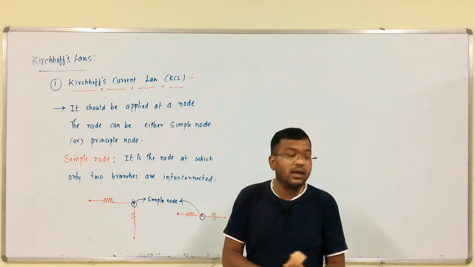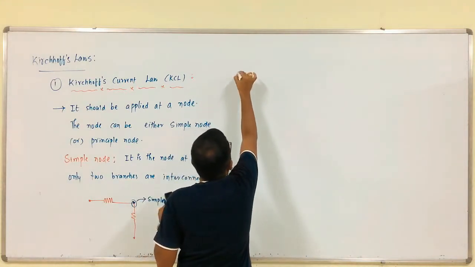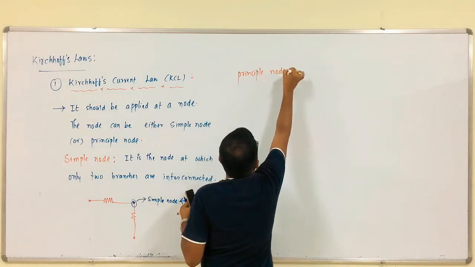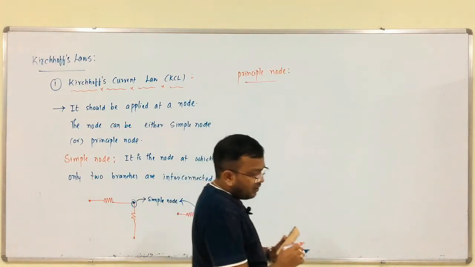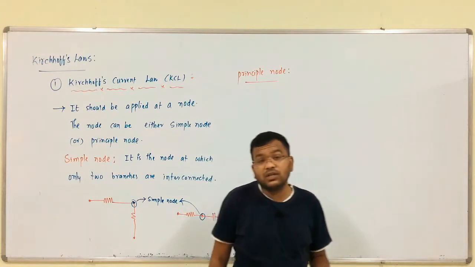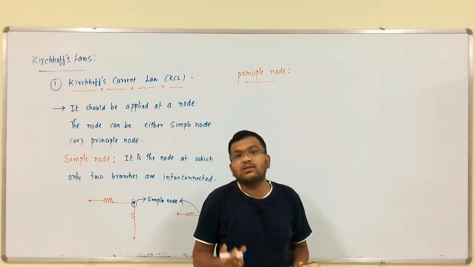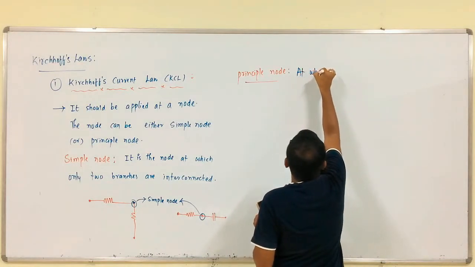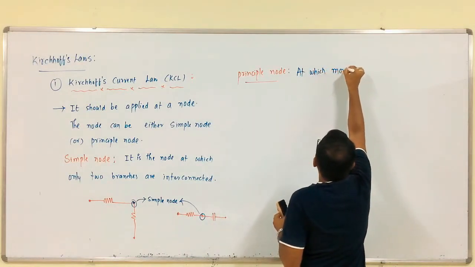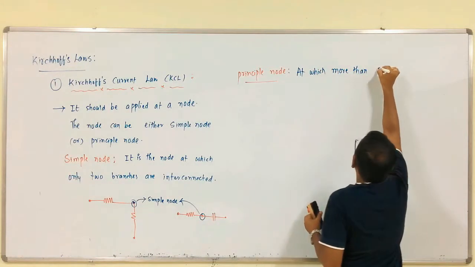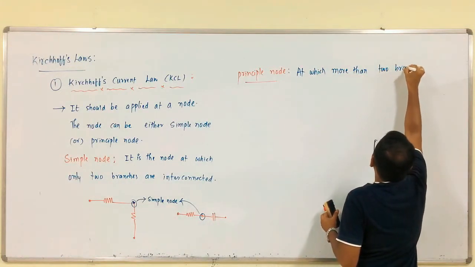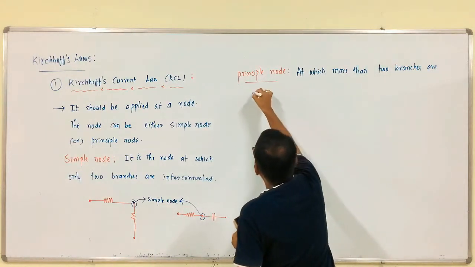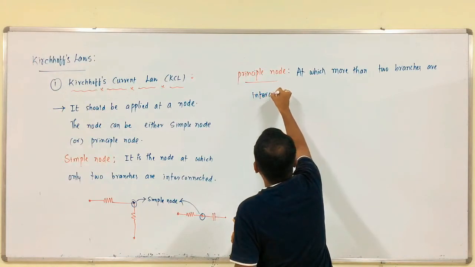So, next one is what? Principal node. Then what is principal node? It is the node at which more than two branches are interconnected.